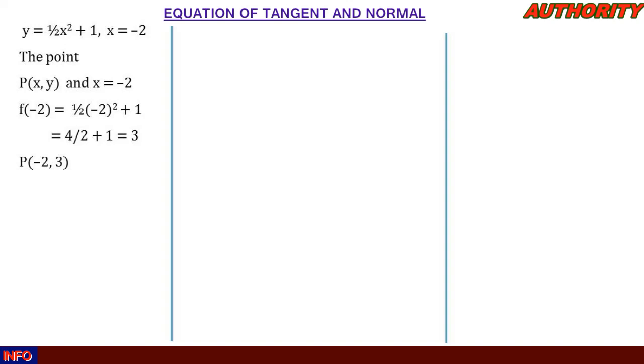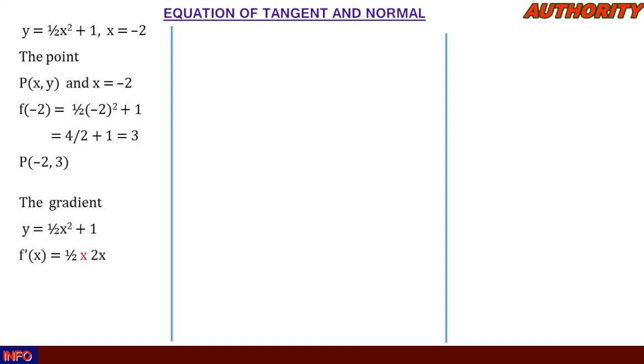Now let's go further to find the gradient. For us to find the gradient, we're going to find f prime of x. Now, f prime of x is talking about when we differentiate the function y. Let us differentiate 1 all over 2 x squared.